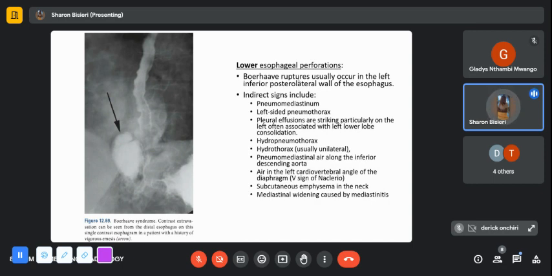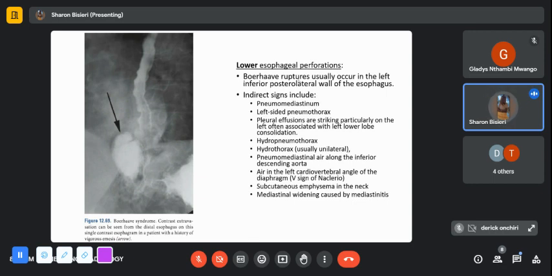You'll also have pleural effusions, striking particularly on the left, and they're often associated with left lower lobe consolidation. You'll also have a hydropneumothorax, so you can have fluid and air, and then you can have plain hydrothorax. You can have pneumomediastinal air along the inferior descending aorta, which you've seen. You can also have air in the left cardiophrenic angle of the diaphragm, and it forms that V sign of Naclerio. And also you can have subcutaneous emphysema in the neck and mediastinal widening, especially when mediastinitis has set in.